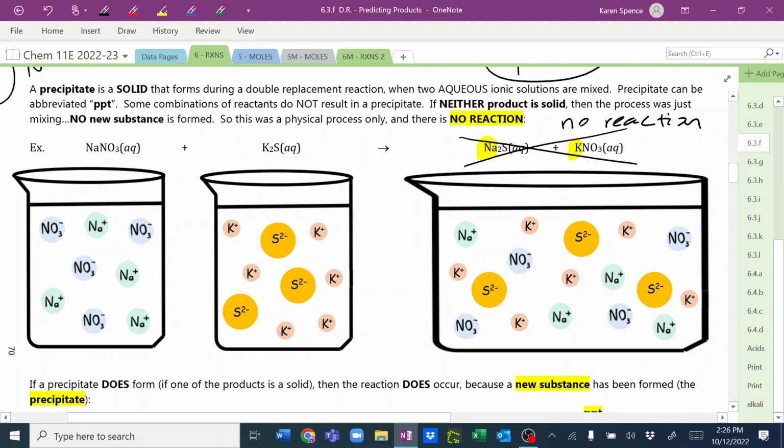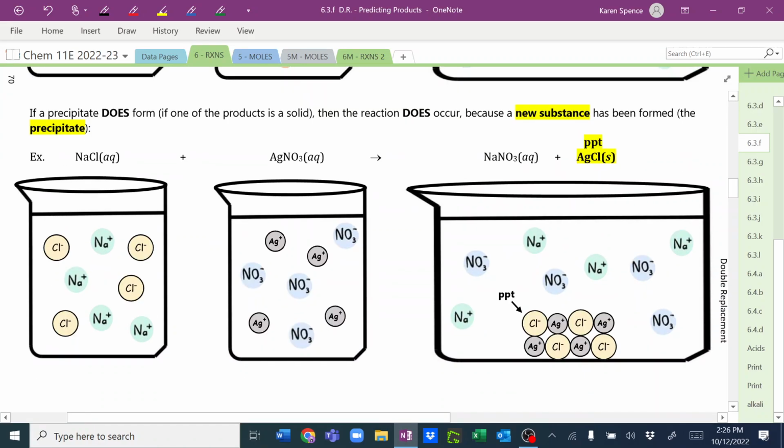Now you can have a situation like the one we just had, where one of the substances precipitates and the other one doesn't. We had chlorides floating around on their own in one beaker with the sodium, and silvers floating around on their own with the nitrates in another beaker. When we mix them, silver says to chloride, oh my, you are too attractive, I cannot stay away from you.